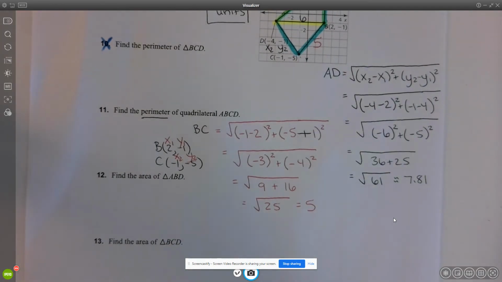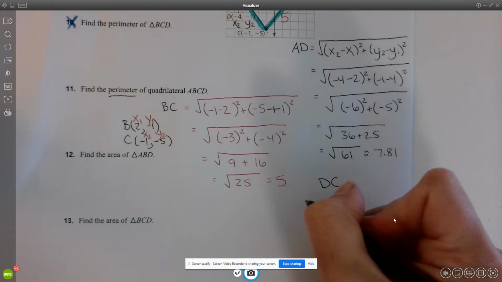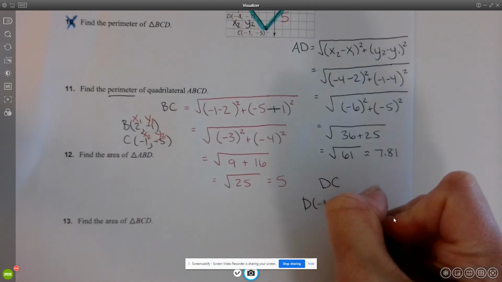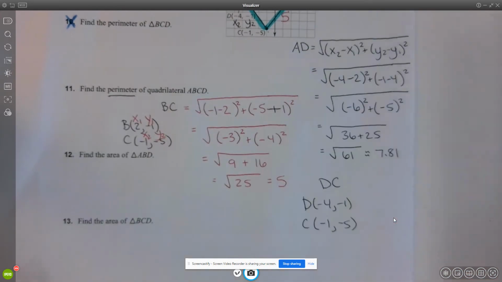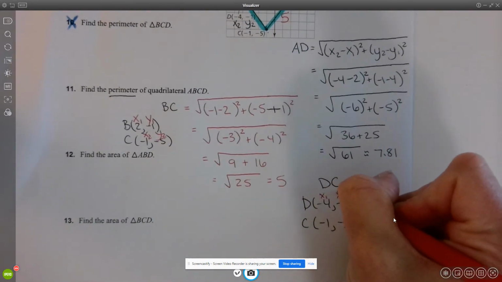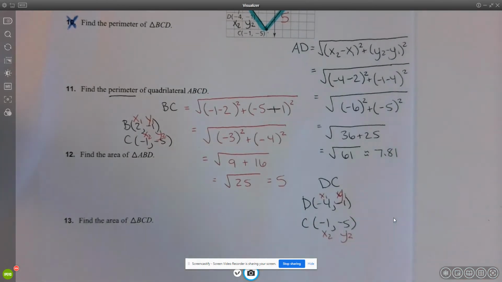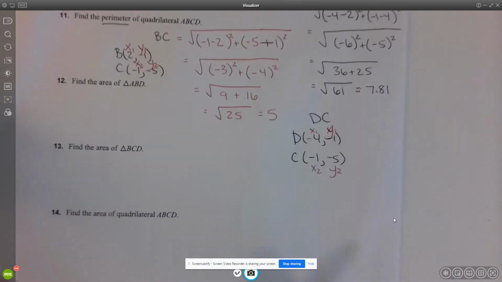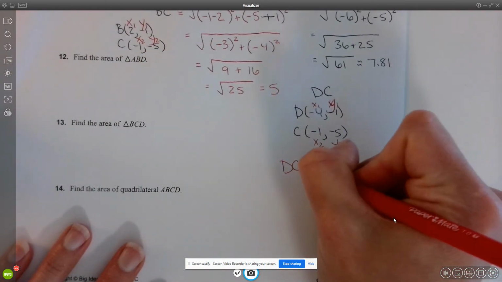I'm going to do it one more time to find the length of DC. I'll put my work over here. So remember, point D is at -4, -1. Point C is at -1, -5. So I'm going to use those points now. Okay, my distance formula, length of DC.